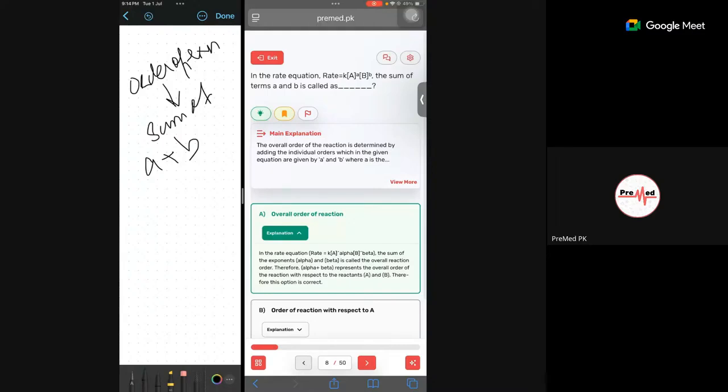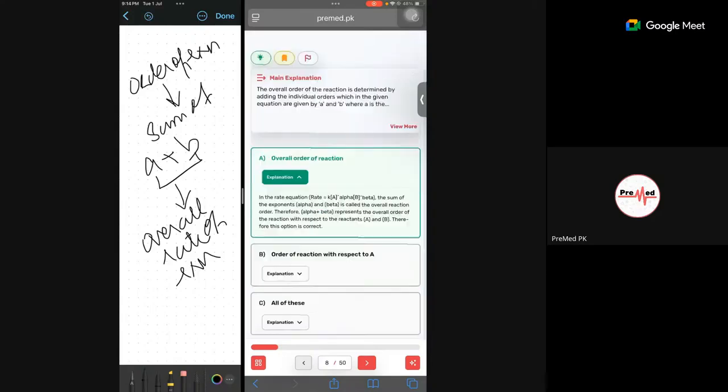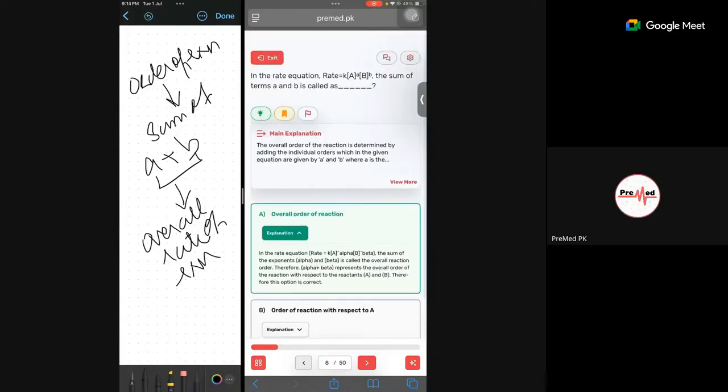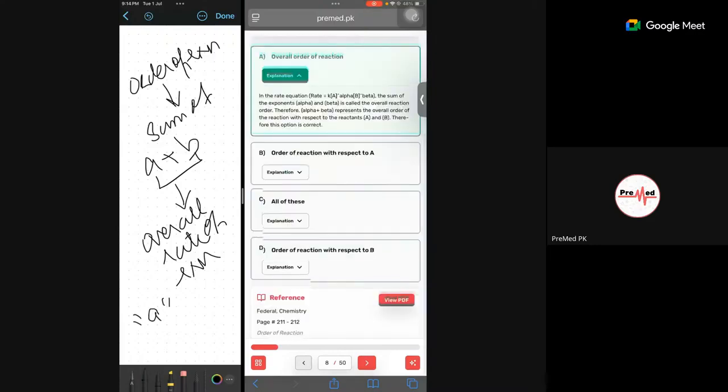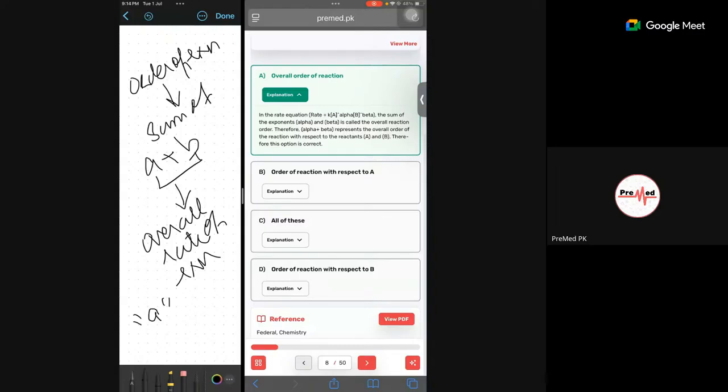So we say that A plus B is actually showing us the overall order of reaction. If we see option B, order of reaction with respect to A, if they had asked us in terms of A, then option B would be correct, but it's not asked. And similar goes for D.